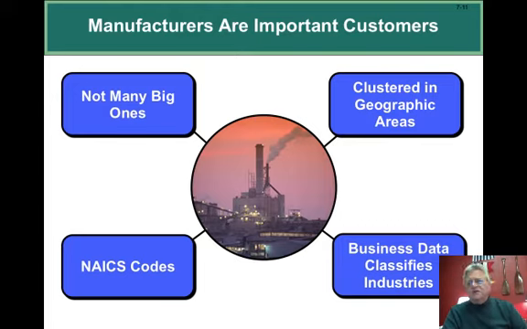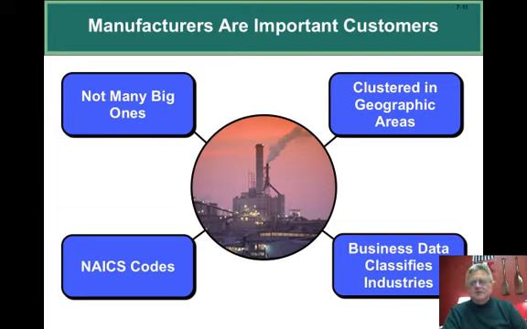They tend to cluster in geographic areas by industry. For instance, the hardwood furniture industry is clustered in North Carolina. The aerospace industry is largely clustered in the Pacific Northwest, and so forth.